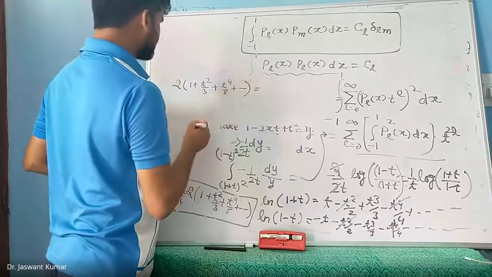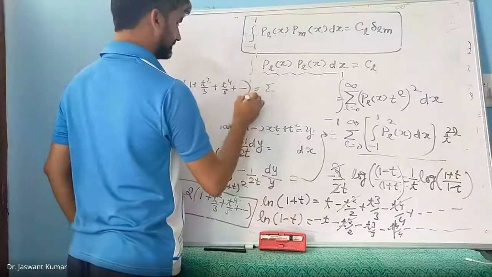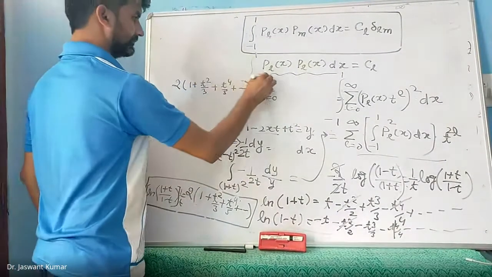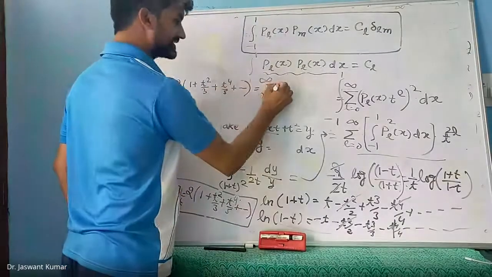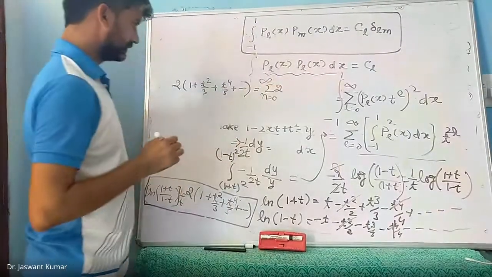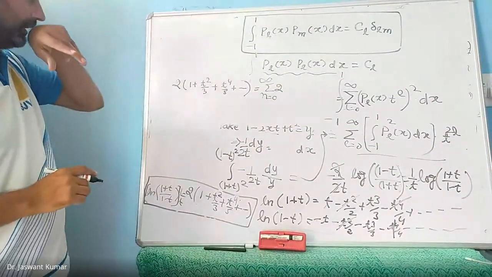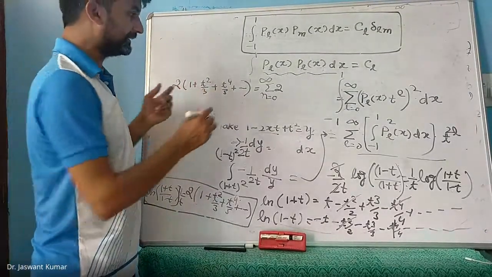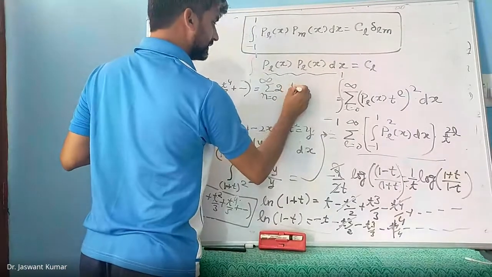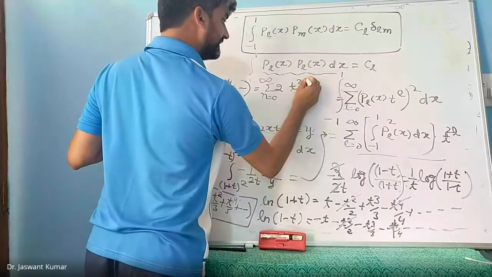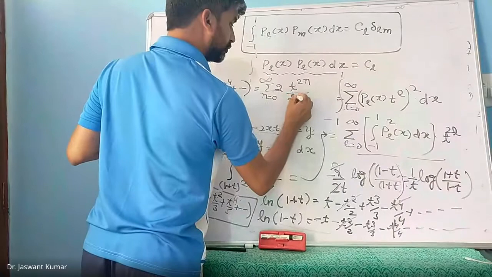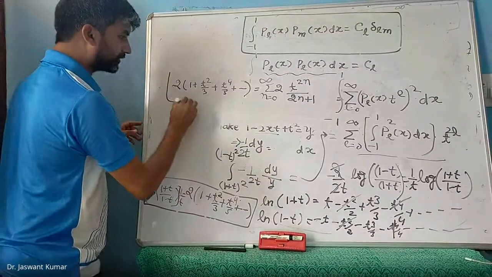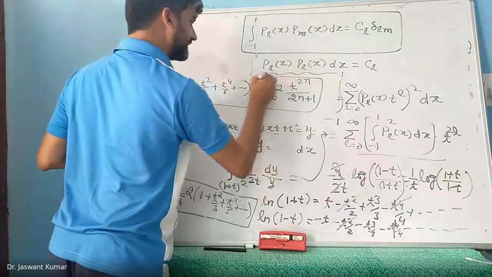So I write this as summation n going from 0 to infinity. This is an infinite series, so this is like 2 and then t to the power 2n by 2n plus 1. You tell me whether it makes sense to you or not. If it doesn't, please ask me and I will explain it one more time.